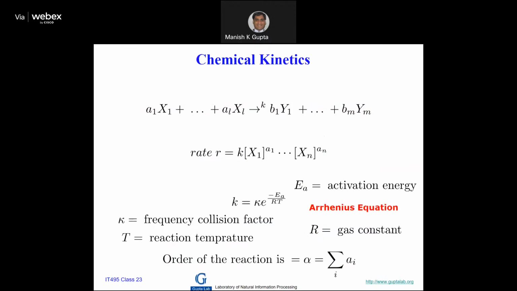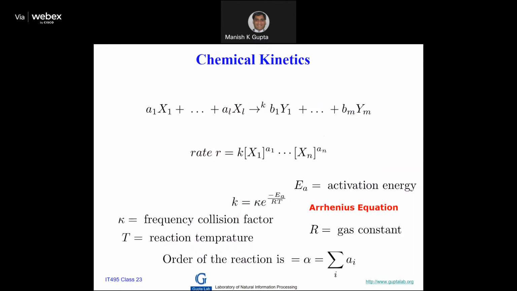Chemical kinetics. As I mentioned, entire chemistry is a computer science, and computer science can learn from chemistry. I gave you the example of your social network. Things are very, very connected. Now, if I want to do any computation with a bunch of chemical reactions, you can always reduce them to certain basic chemical reactions. And what are the basic chemical reactions?